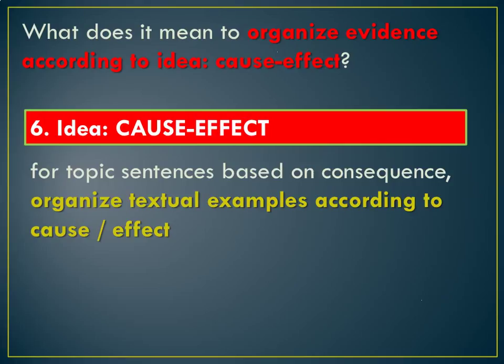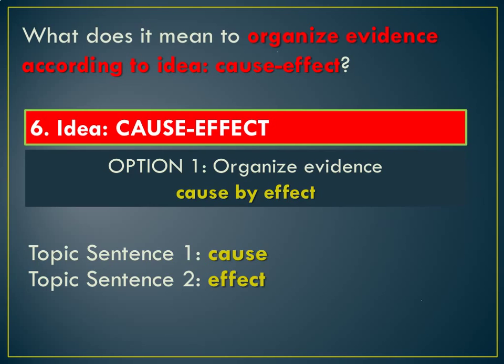So really, when you write a cause-effect essay, then what you're trying to do is organize your examples according to cause-effect pretty simply. And so you have some options for how you can do that. One option is that you can organize cause by effect, so that in one topic sentence, in your first one, you could talk about the cause, and then in the second topic sentence, you could talk about the effect.